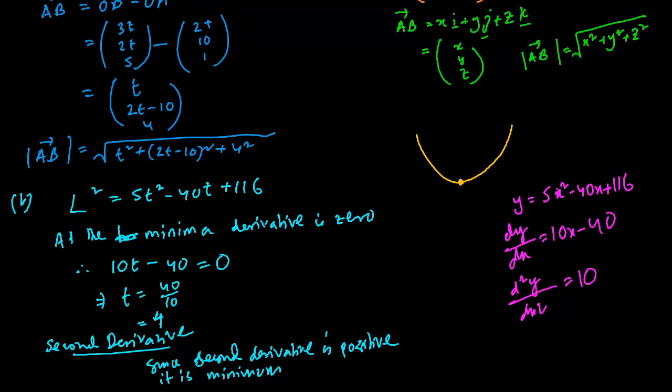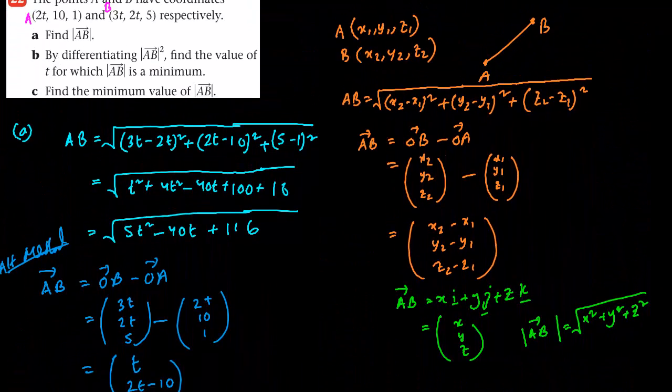That's it. And the next question is usually finding the length. So find the minimum value of this length AB.